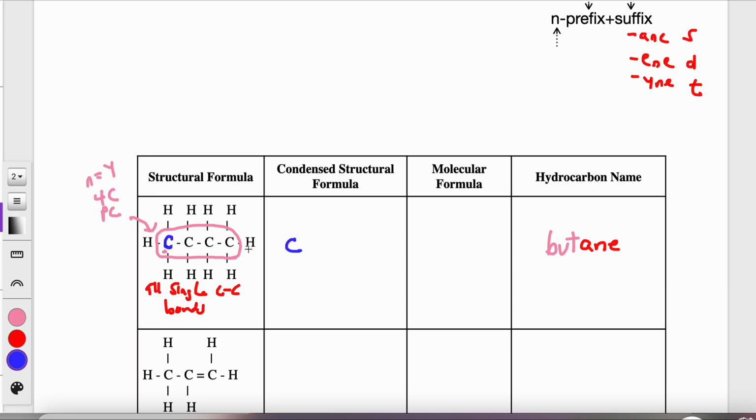This carbon, directly attached to it, has these 3 hydrogens. So CH3. Okay, and then I have my second carbon here in the parent chain, and it has only 2 hydrogens directly attached to it.